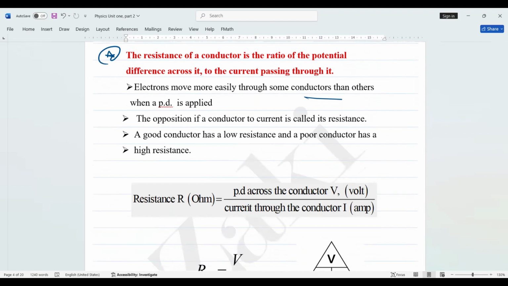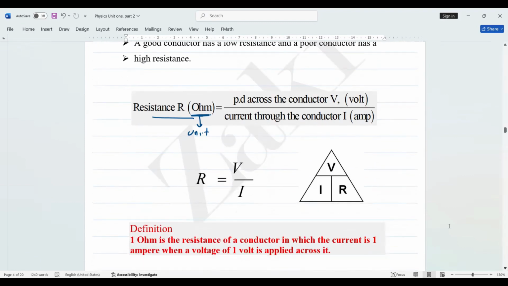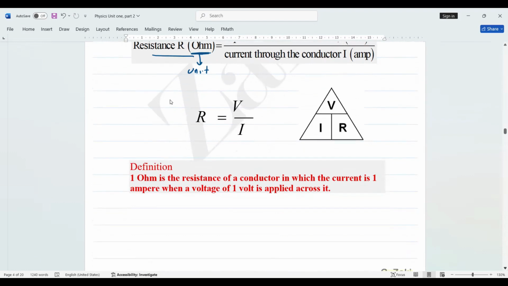Now, this is the formula for resistance, denoted by R and measured in ohm. So the unit of resistance is ohm, equals V, the voltage, over the current I. So remember this law.